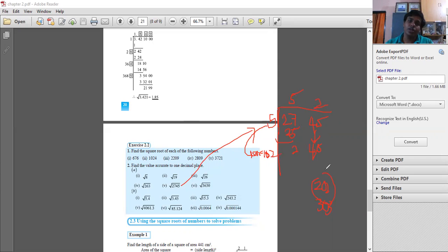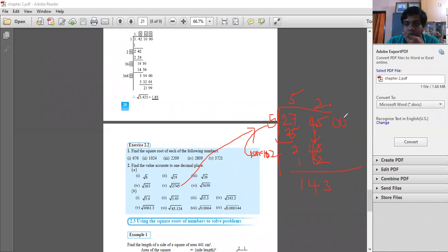102 then into 2 will give you around, give me the eraser to do this part. 245 minus 102 will give you 143. And we can always put zeros and take them down, because this will now be 52 point something.